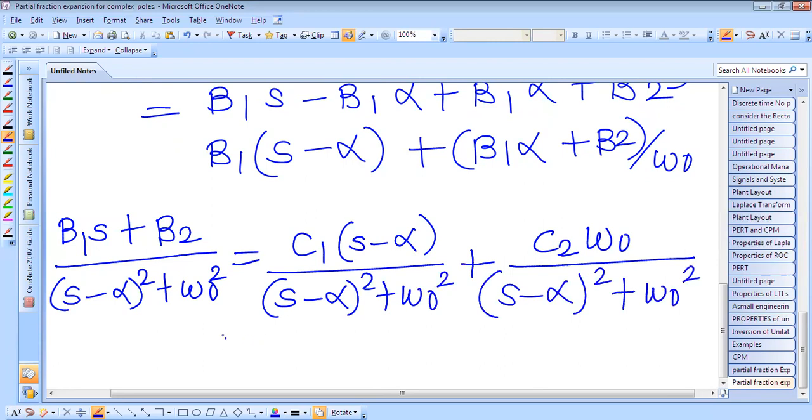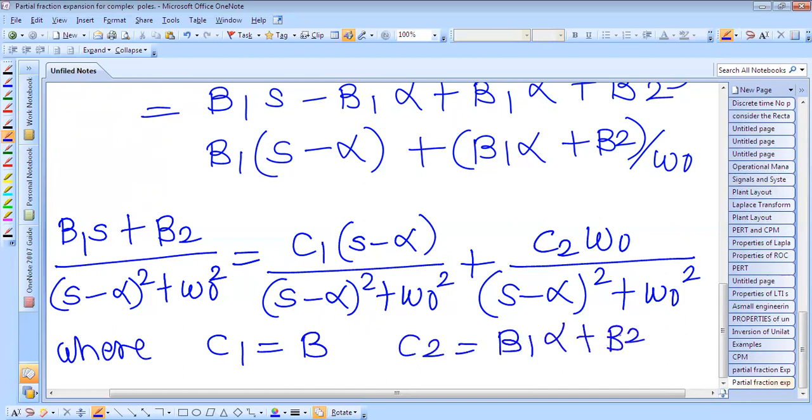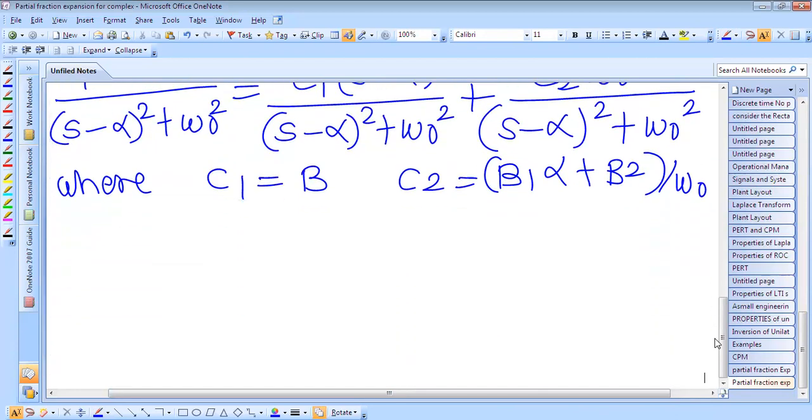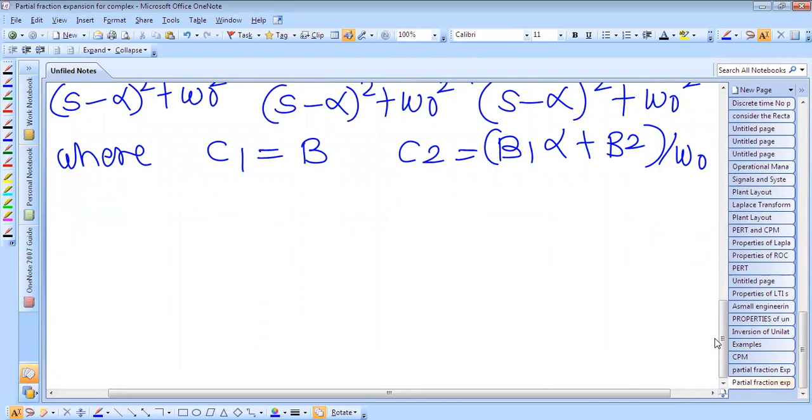So what is c1? c1 is b1, and what is c2? c2 is b1 alpha plus b2, divided by omega naught. If you put these values in, we will get the same equation, that is b1 s plus b2.